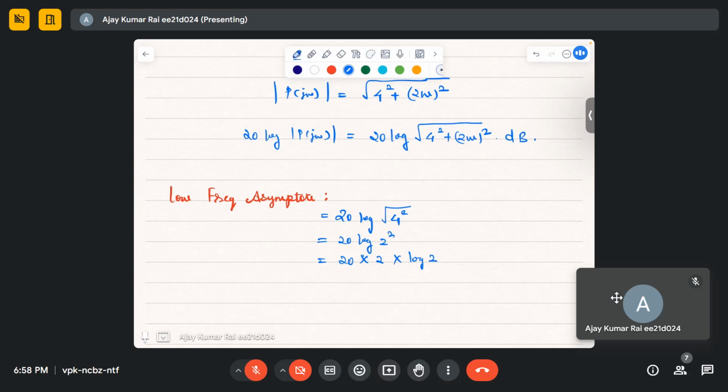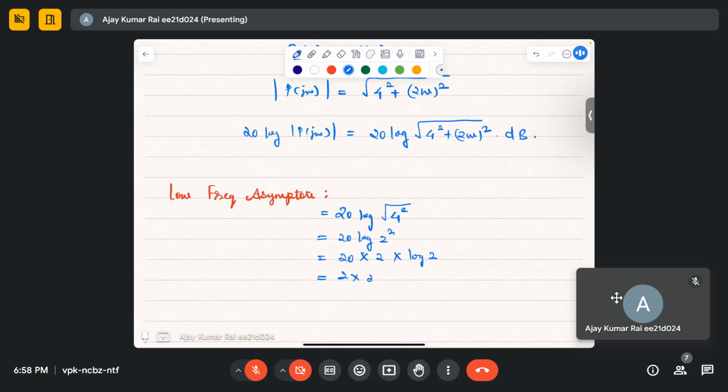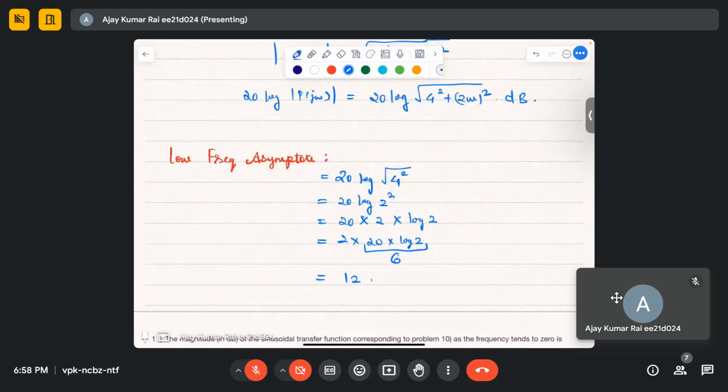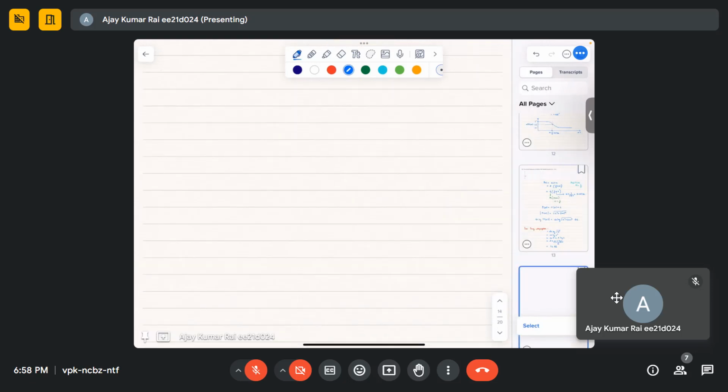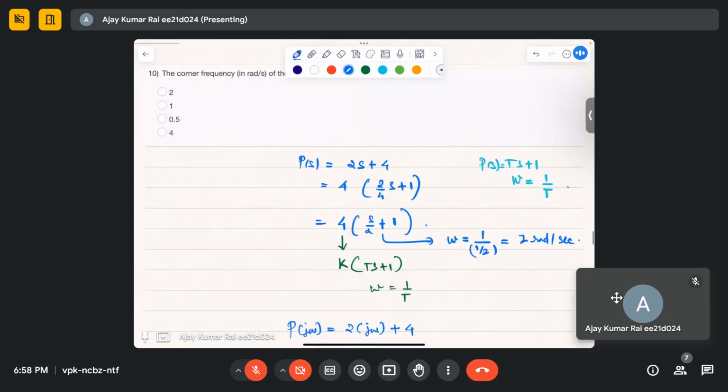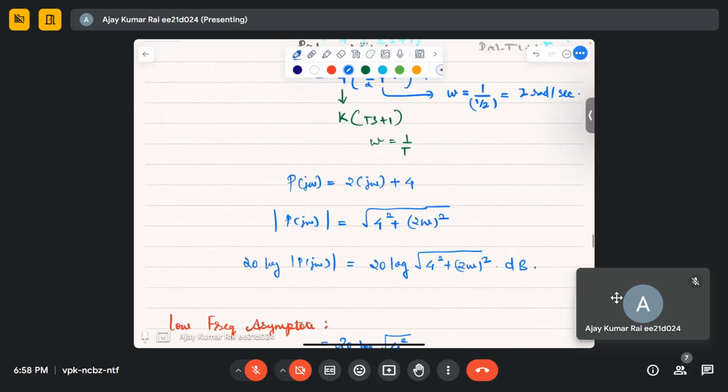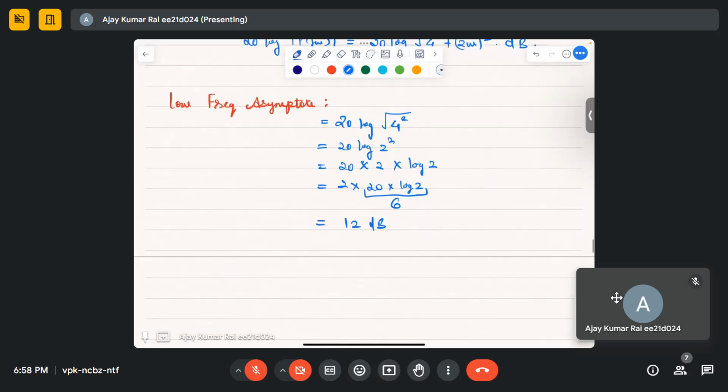You know 20 log 2 is 6, so this will be 12 dB.